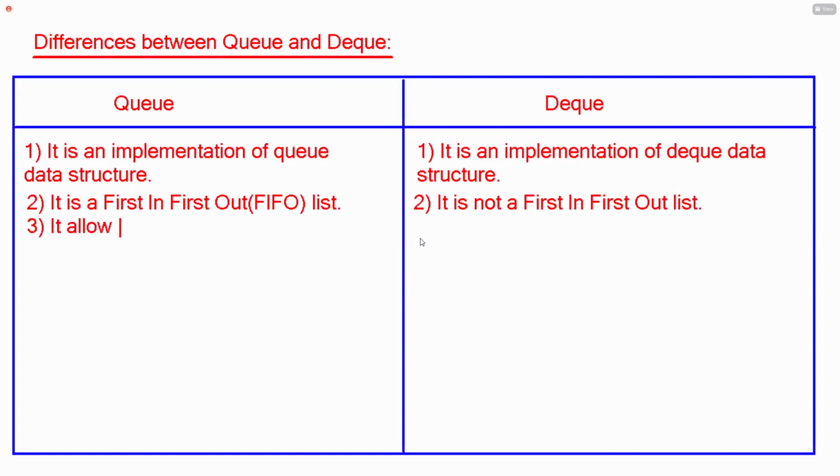Queue allows insertion at the rear end only. Deque allows insertion at both ends.